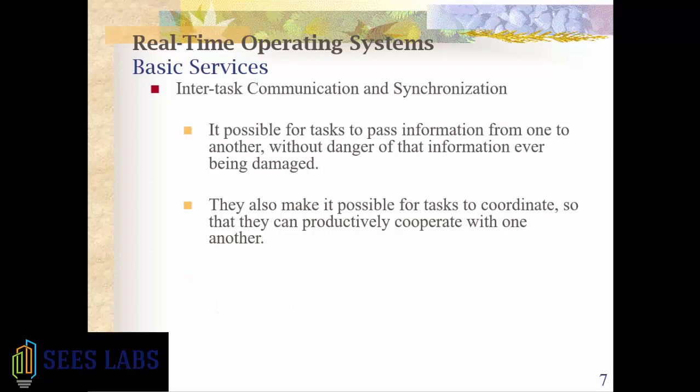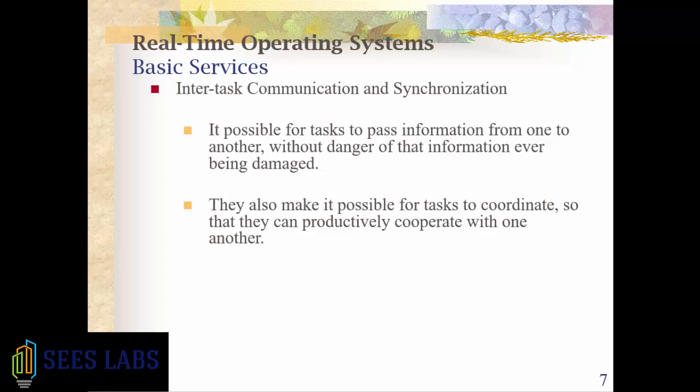The second service provided by a real-time operating system is inter-task communication and synchronization. Task communication means that one task can pass data or information to another task. While transferring this information, the operating system makes sure that the information is not lost and it reaches without any damage.